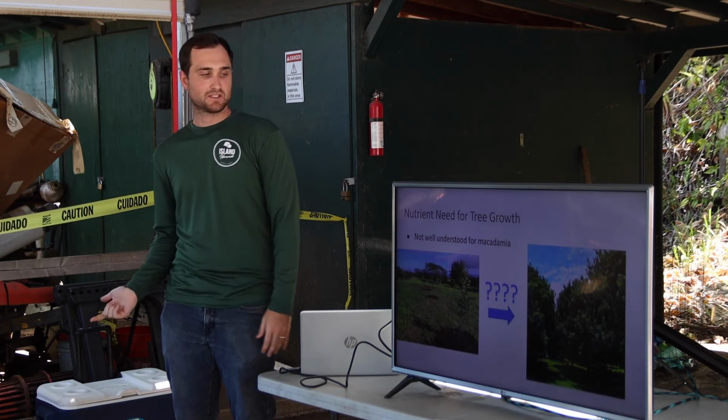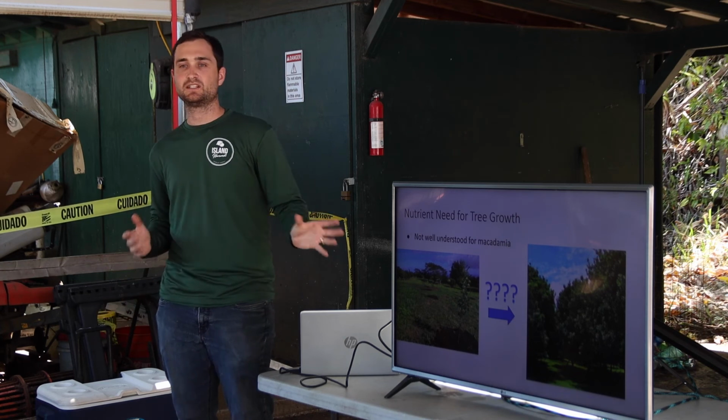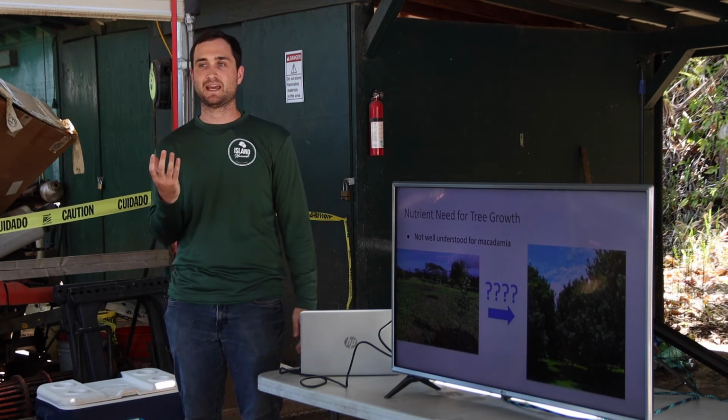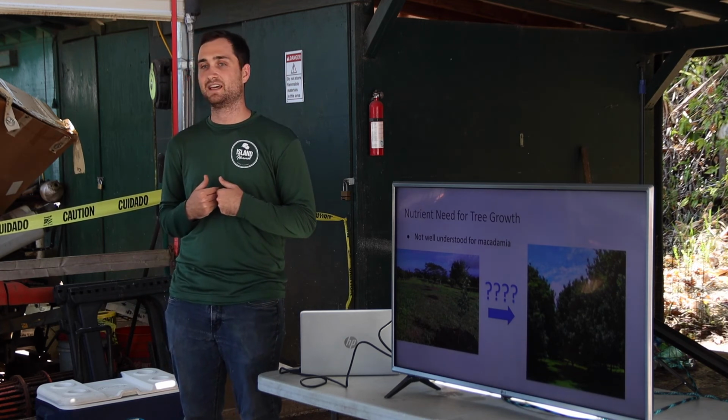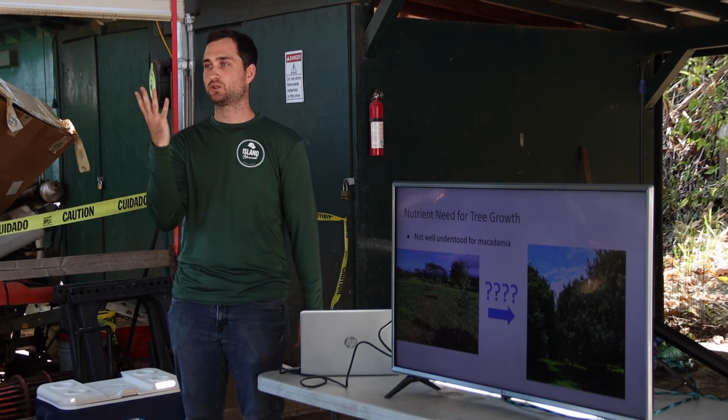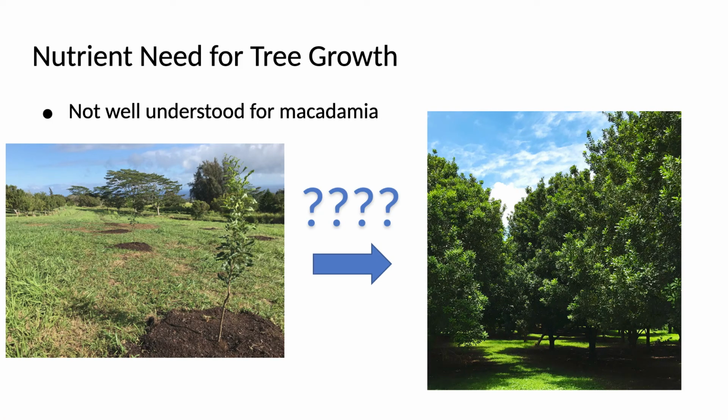But like Tai was mentioning, we don't have good numbers in macadamia that we know of that account for how much the tree needs at the different stages of growth. We know in general that nitrogen is needed for good tree growth, and there are some recommended rates out there, but there's no hard science that we found that shows at years 0 through 3 the tree needs this many pounds, at years 3 through 6 it needs this many pounds.